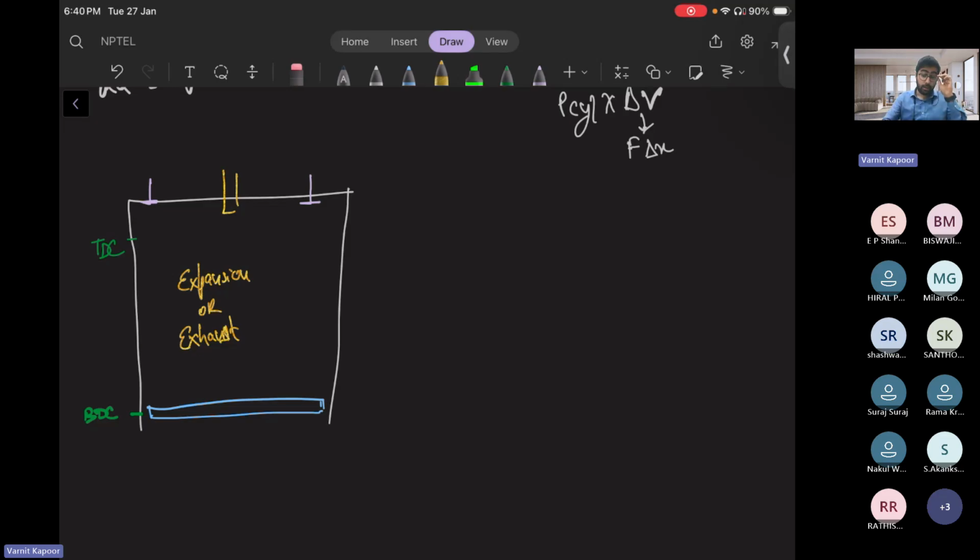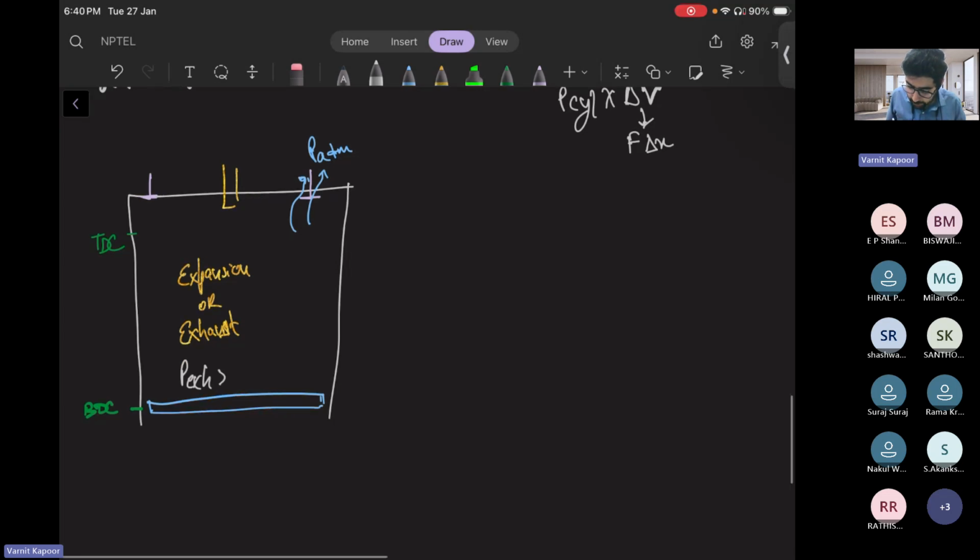Here the exhaust gases will be coming out of the exhaust valve, and as soon as they come out, they will achieve atmospheric pressure. Let me write here: pressure during exhaust was greater than P atmosphere.